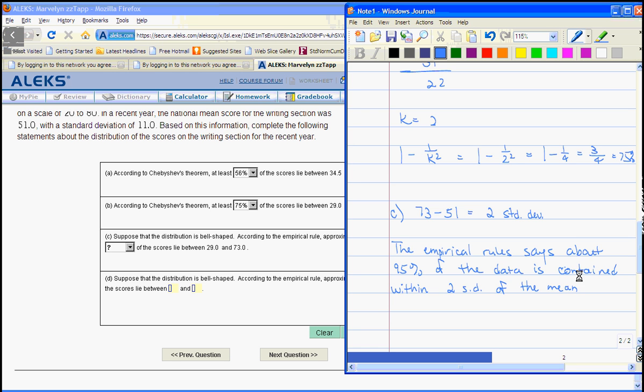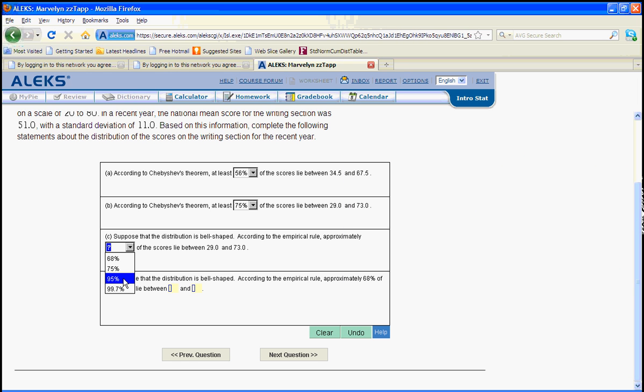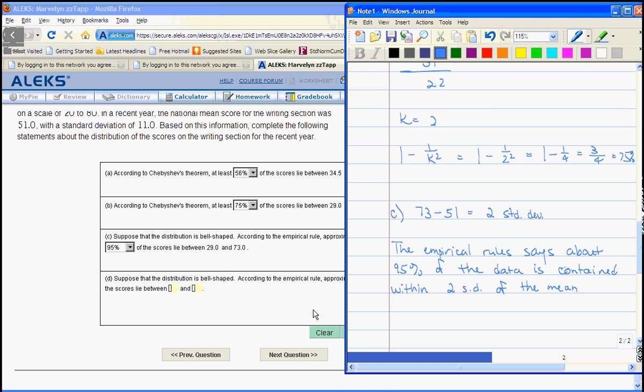And again, if you check the lower number, it would also be 2 standard deviations away. So if we look here at our little drop-down menu, there's 95. And that works. Okay. Let's take a look at the very last one.